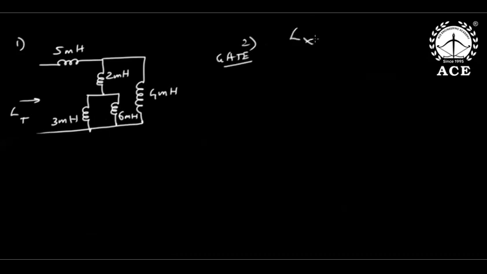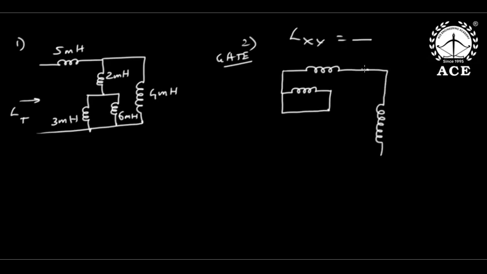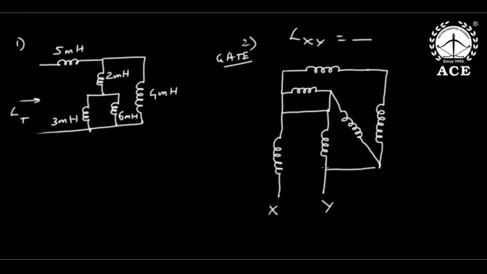GATE, 1 mark. What is LXY? The values are 3 henry, 9 henry, 12 henry, 6 henry, 10 henry, and 5 henry.